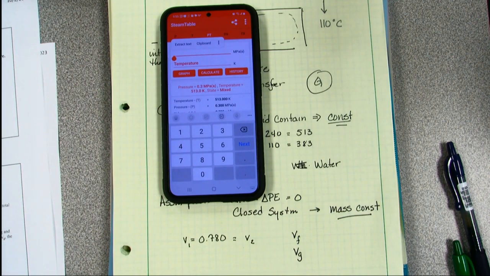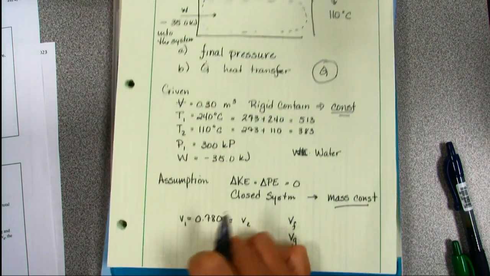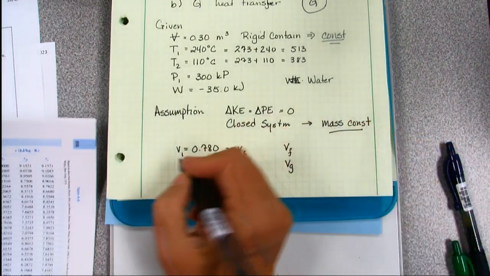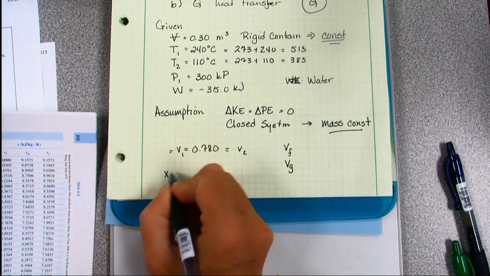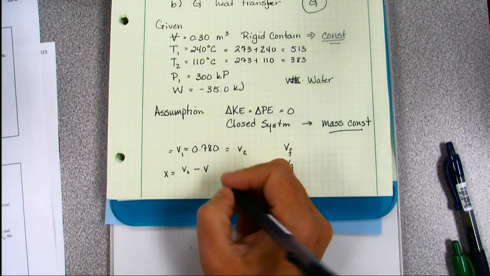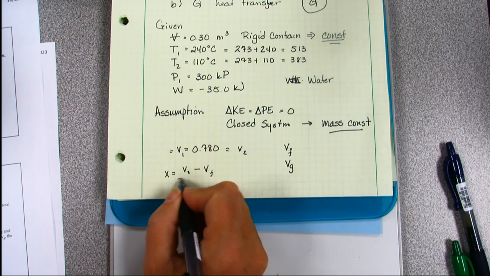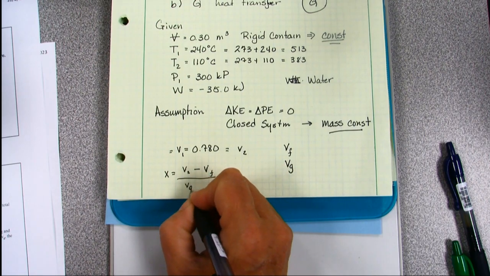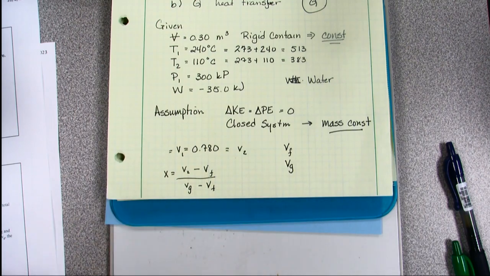This is our V2, so if I have my X, this is V2 minus V fluid divided by V gas minus V fluid.